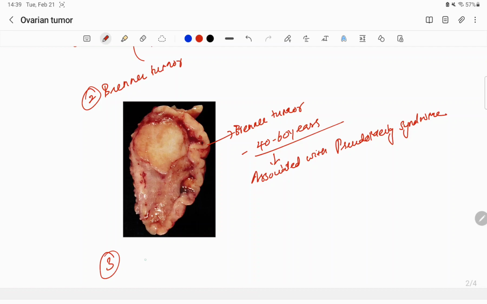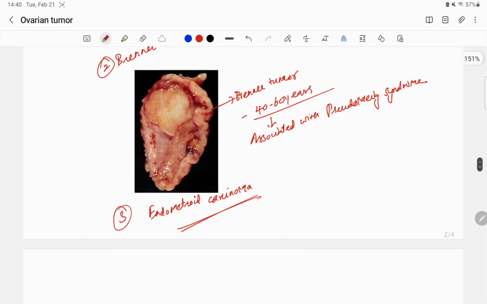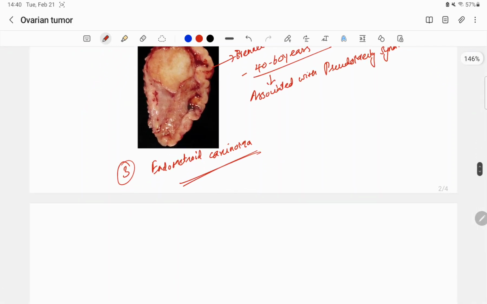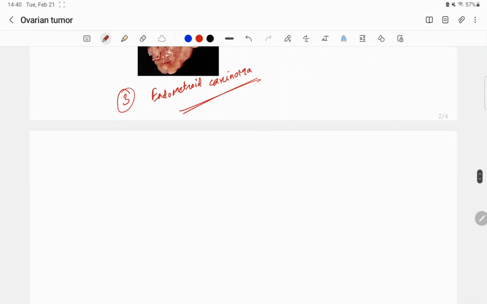And finally you have endometrioid carcinoma. So now we are done with the classification of epithelial cell tumors. Now the next classification of ovarian tumor is germ cell tumor.